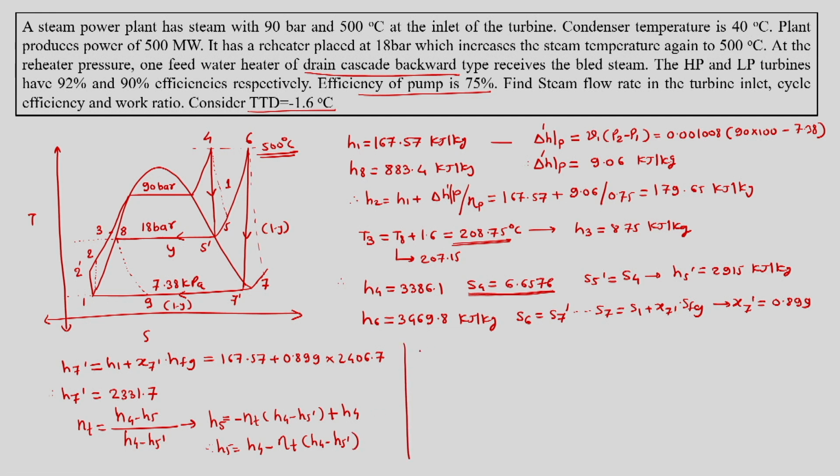So we have H4, which for us is 3386.1, minus turbine efficiency.